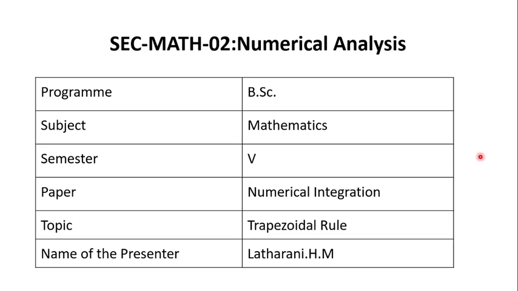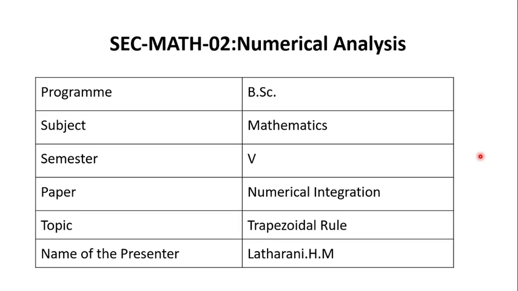In this video, I will discuss the topic trapezoidal rule in numerical integration. In the previous classes, we learned some concepts: finite differences, forward differences, backward differences, Newton-Gregory forward formula, Newton-Gregory backward formula, and we also derived the quadrature formula.